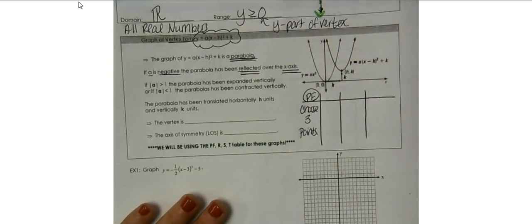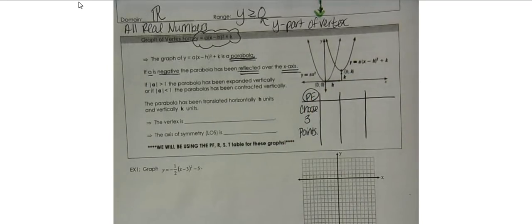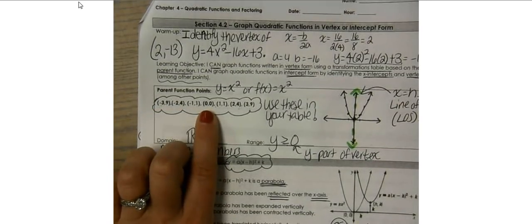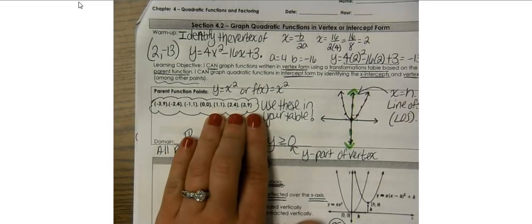You're going to want to choose 3 points. Those points should represent the negative side of the graph, should absolutely have 0, 0, and then choose an ordered pair that represents the positive side of the graph.